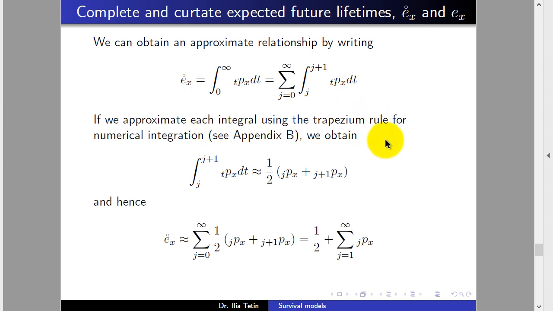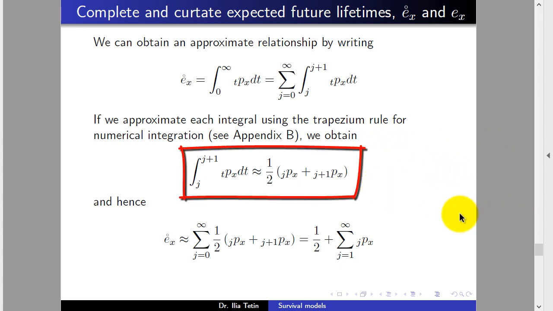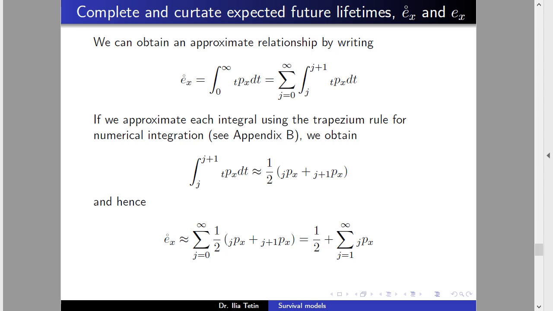If we approximate each integral using the trapezium rule for numerical integration, and I'll provide the appendix for you, we will obtain this kind of formula. And the most important result is we have an approximation that is frequently applied in practice. So ex equals ex plus 0.5. In our next lectures we will meet a refined version of this approximation.